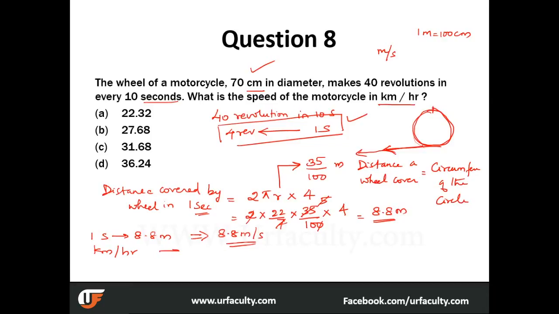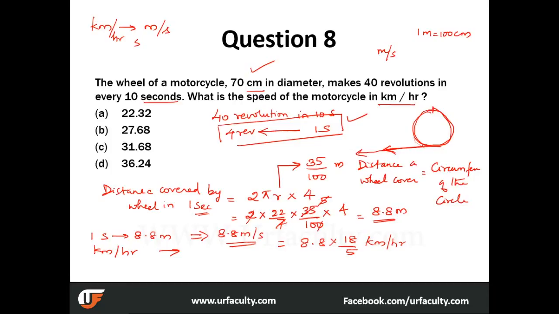And the question is in kilometer per hour. So how do you convert meter per second to kilometer per hour? This is equal to 8.8 into 18 by 5 kilometer per hour. Remember, kilometer per hour to meter per second, what did we do?